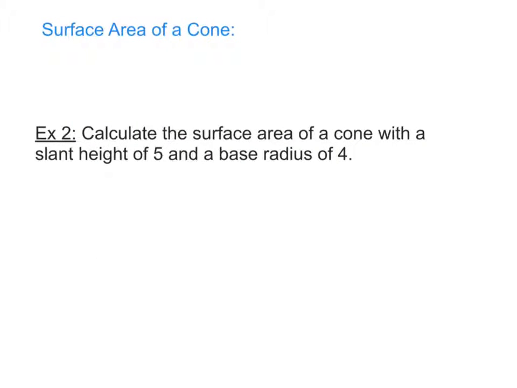Next, we move on to the surface area of a cone. Last formula was the lateral surface area. Now we're going to go ahead and find the lateral surface area again, but now we're going to add the area of the base to it. So the formula goes as follows. The surface area of the cone is equal to the lateral surface area, which is our capital L, plus the area of the base, which is always our capital B. We can go ahead and identify these variables off to the side.